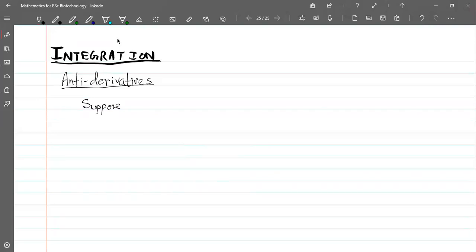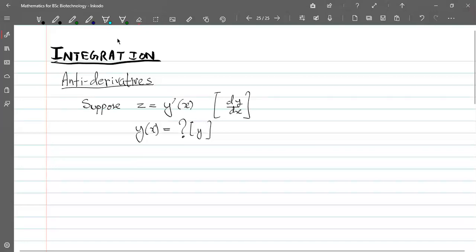Suppose, let's say, z is equal to y prime of x, so the derivative of y with respect to x. Then is there something we can do with z to get back y of x?